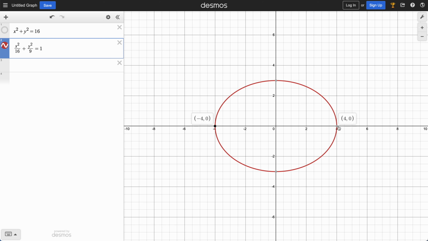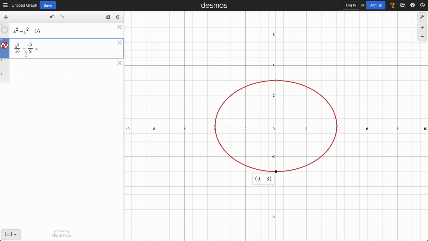Now if I'm looking at this unit ellipse, things might be a little more clear. Looking at points on the x-axis, the square root of 16 is 4, and the ellipse touches the x-axis at +4 and -4. That is in fact on purpose. If you look at the y, the square root of 9 is 3, and it touches the y-axis at 3 and -3.